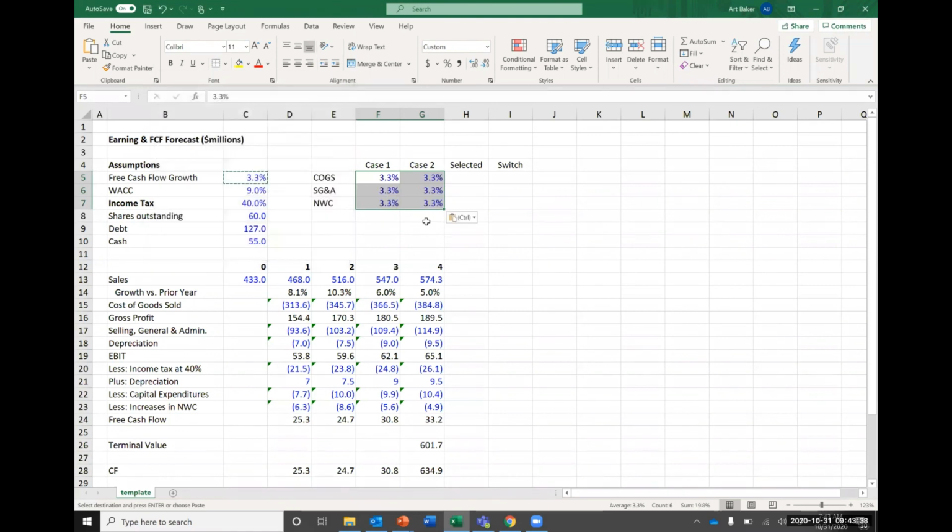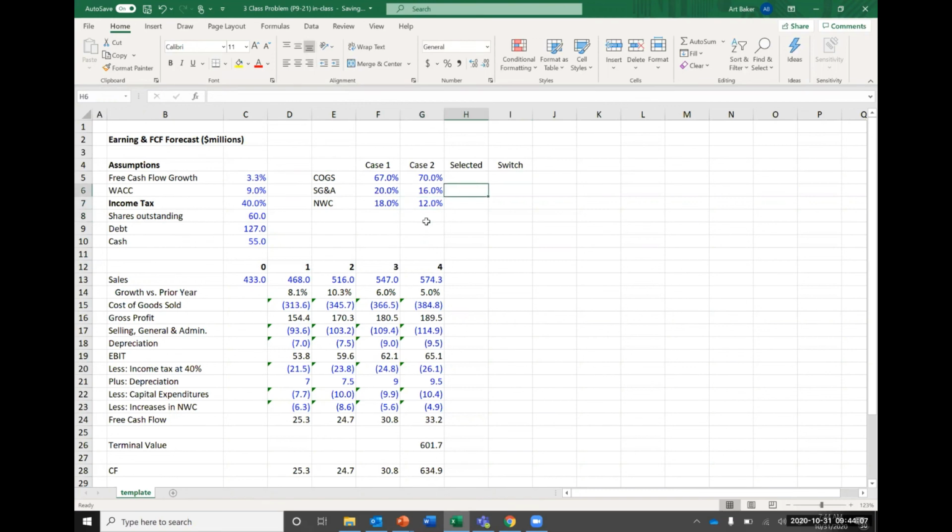Yeah. So 67 was case 1. Case 2, I think it was 70. And then SG&A, was it 20%? Yeah, 20%. And going down to 16, I think, right? Yes. Okay. And net working capital, it was 18, going down to 12. Okay.